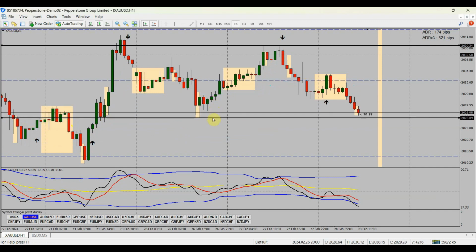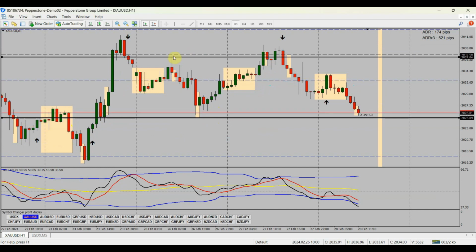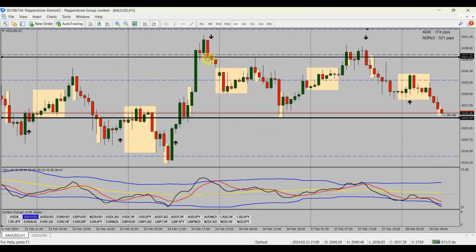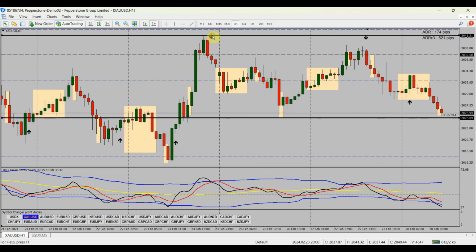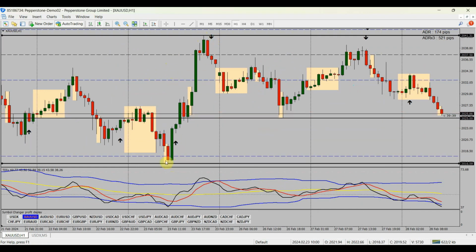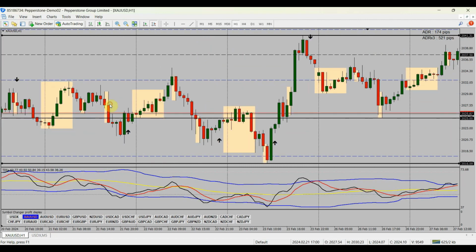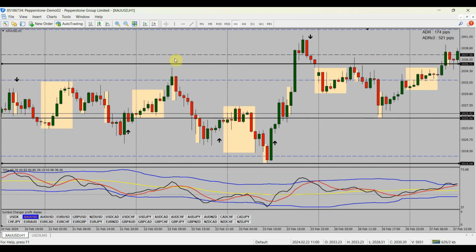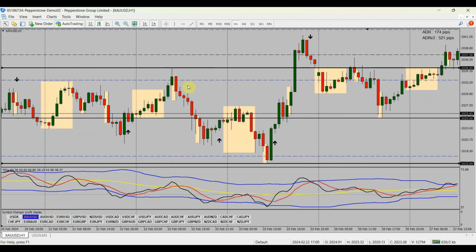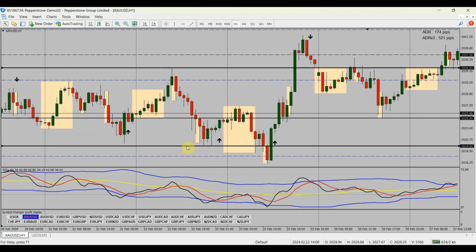On this particular day, this was the low of the day right by the quarter point, and this is the high of the day. Let's look at the following day. This is the highest point that price went to, and this is the lowest point that price went to. Let's look at the following day. This is the highest point that price went to, and this is the lowest point that price went to.